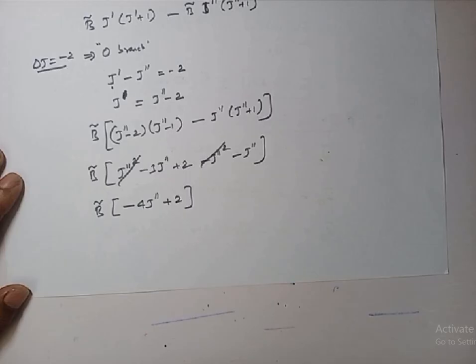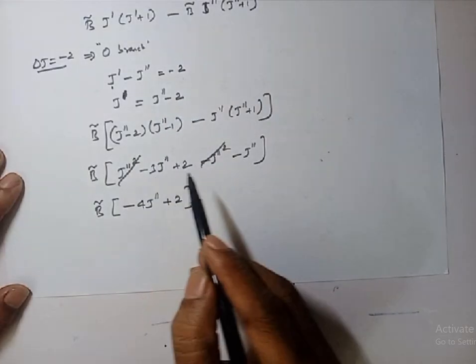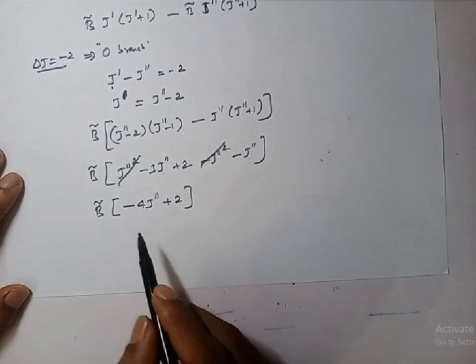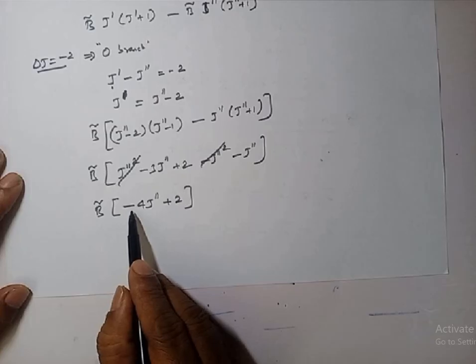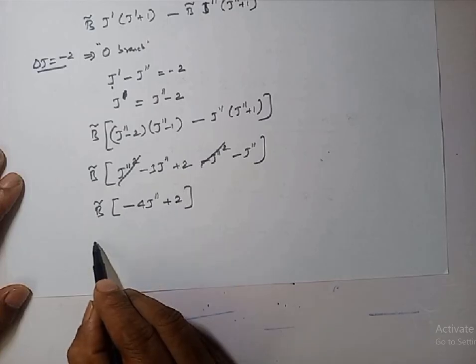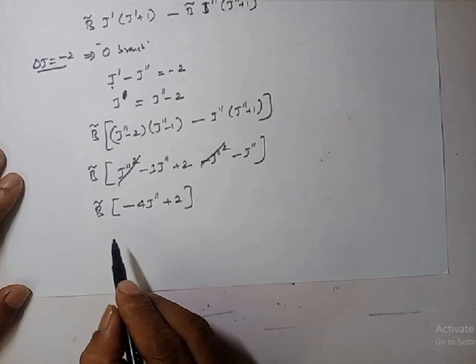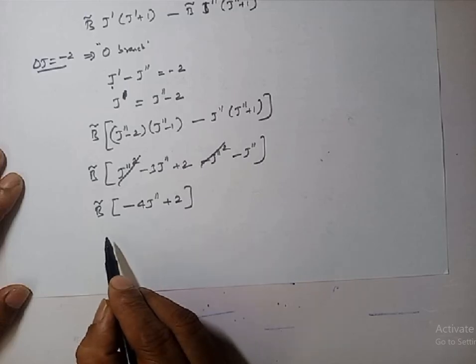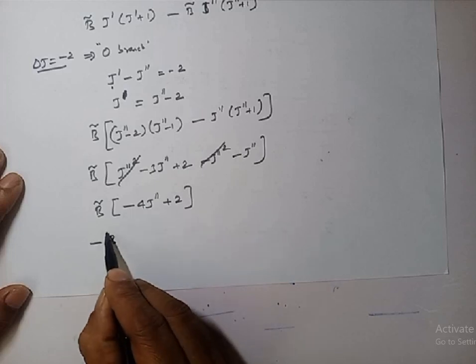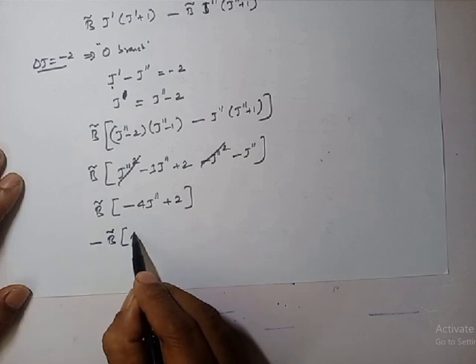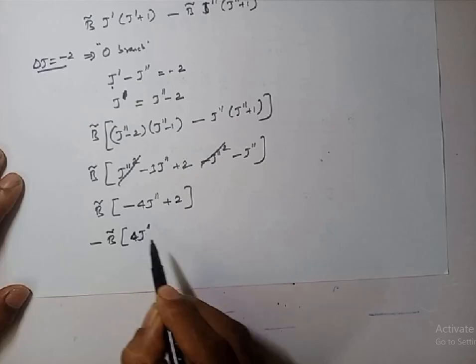Yes, sir. So we get this formula. I have minus sign in front. If I take minus as common, I get minus B into 4J double prime minus 2.